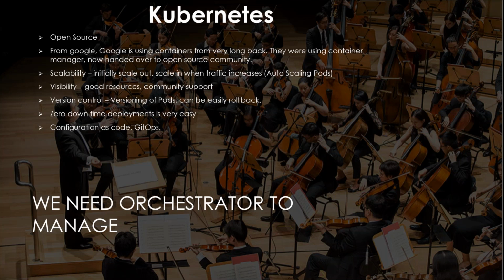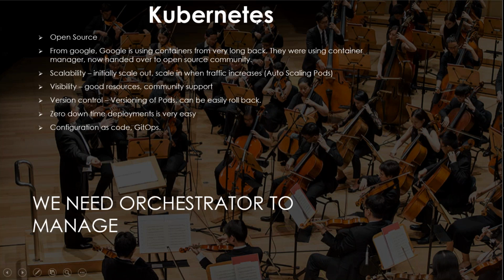Before the world knew about containerization technology, before Docker, Google was using containers in its company, and they were using this Kubernetes with a different name. Maybe from 2002 or 2003, Google started using containers and had this Kubernetes project in their company. After some point of time, they contributed this project to the open source community.